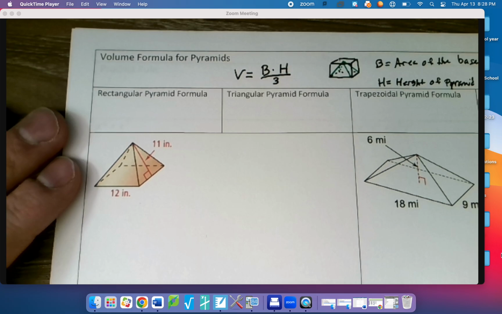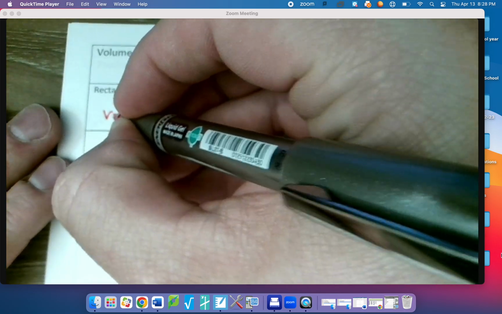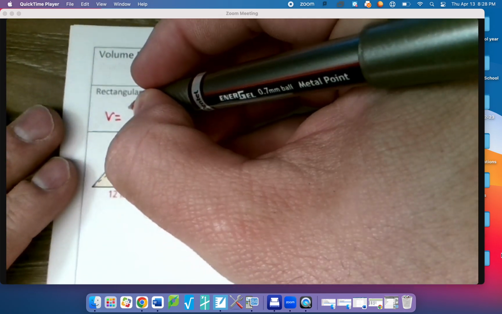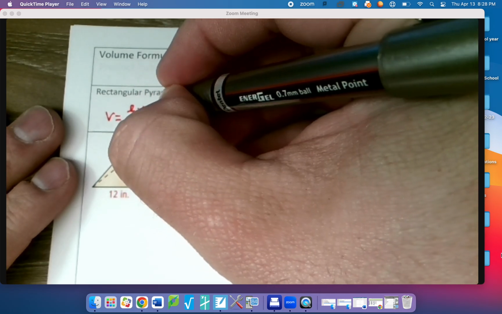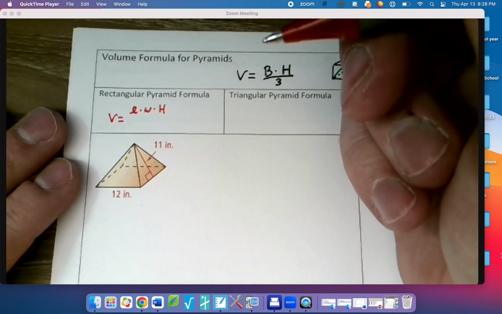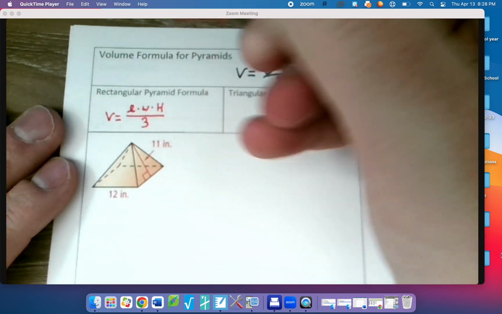So if we look at these formulas right here, a rectangular pyramid, start with red. The volume formula is the area of the base, length times width, multiplied by the height of the pyramid, divided by 3.